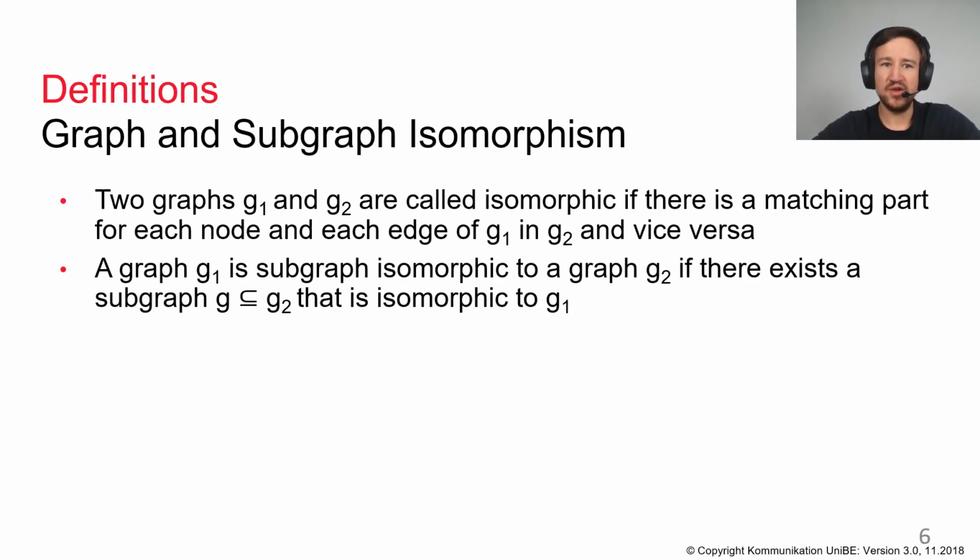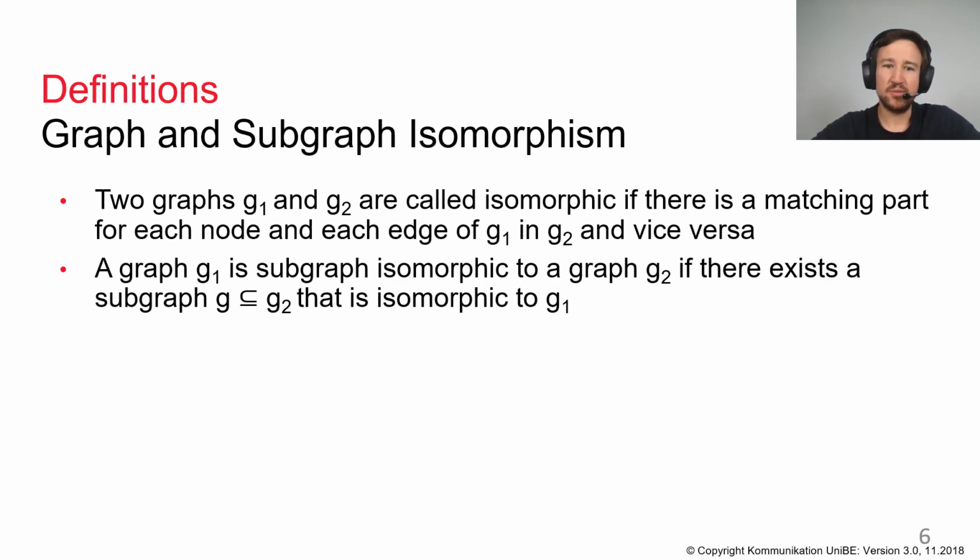Next up is the definition of a graph isomorphism. So two graphs G1 and G2 are called isomorphic if there is a matching part for each node and each edge of graph 1 in graph 2 and vice versa. And then very closely related to this is the subgraph isomorphism.